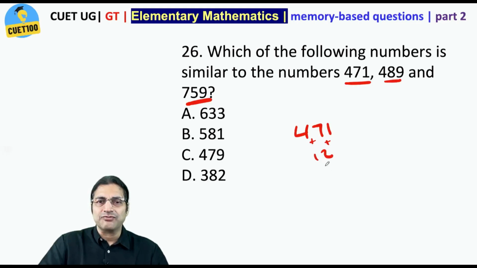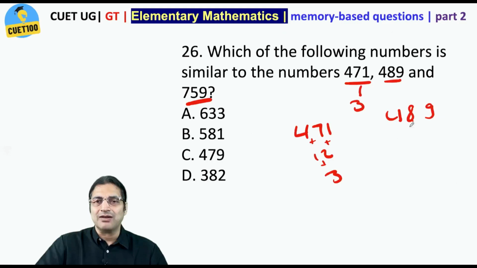Sum of the digits of 12 is 1 plus 2, 3. So, 471 gives you a digit sum of 3. What about 489? Let's check. 4 plus 8, 12. 12 plus 9, 21. 2 plus 1, 3. So, here also you get 3.